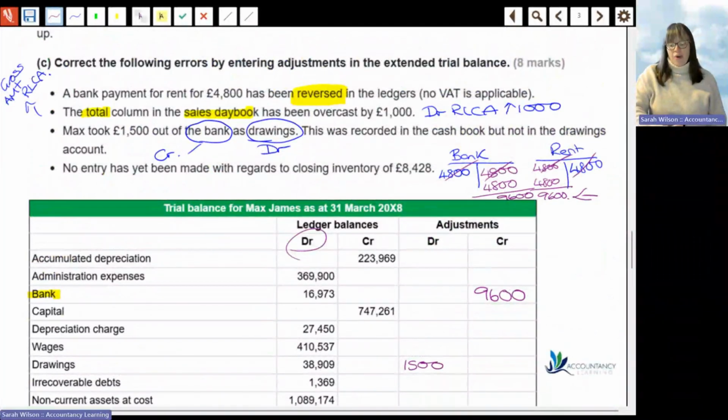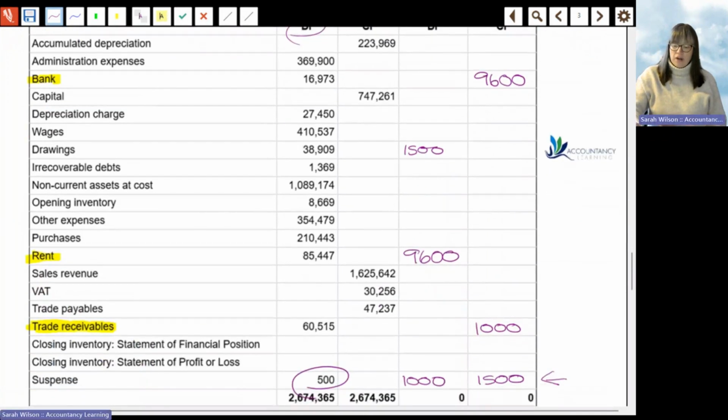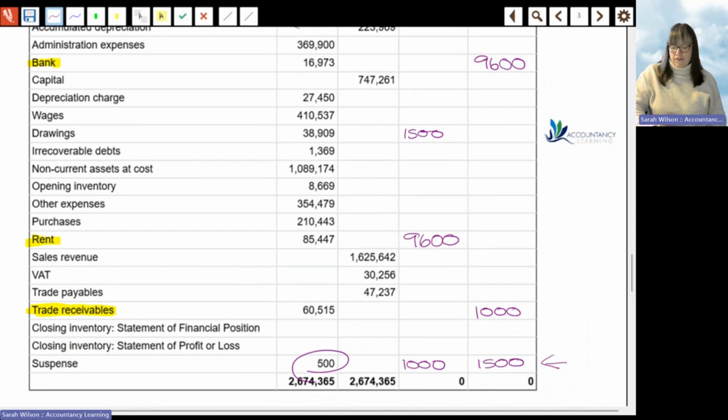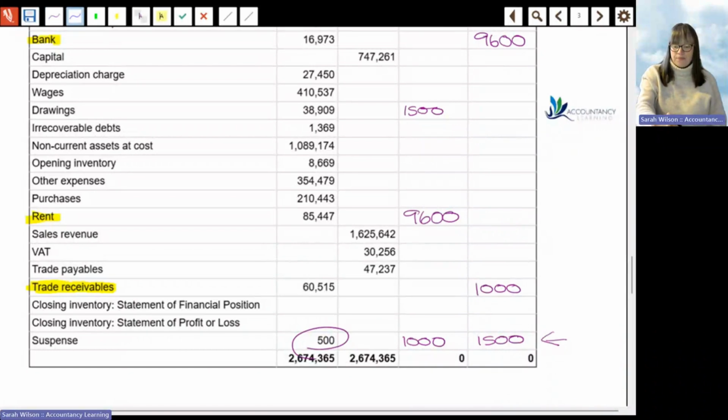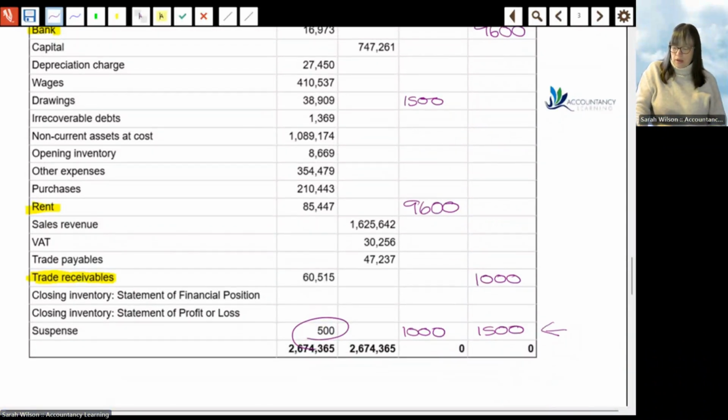Then finally, no entry has yet been made with regards to closing inventory of 8,428. So when it comes to closing inventory, that needs to show on our statement of financial position as an asset. So that's going to be our closing inventory. So our asset is on the statement of financial position. So that's our debit there.